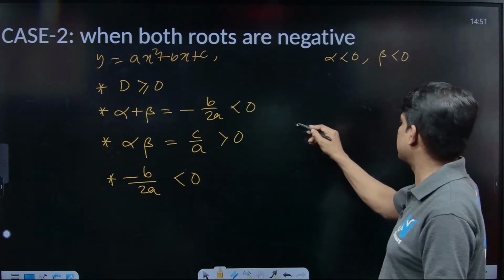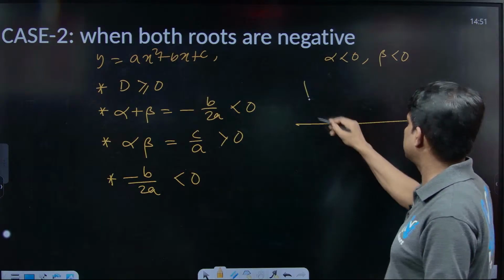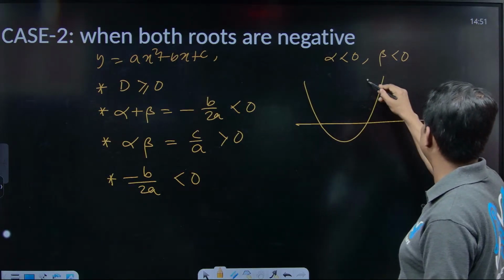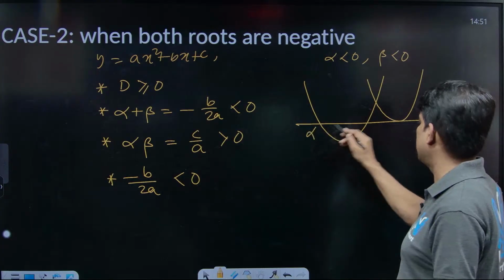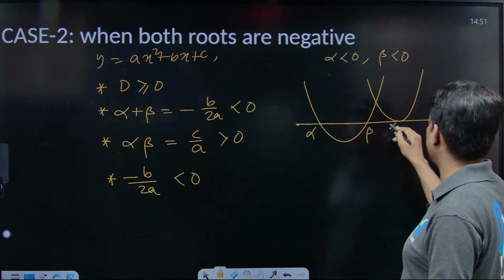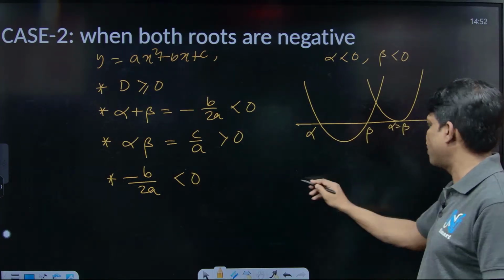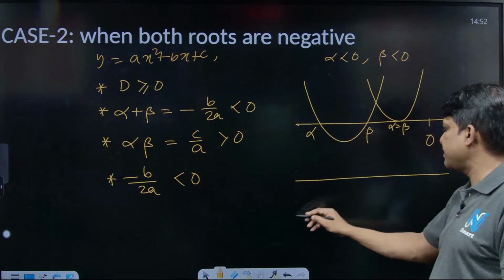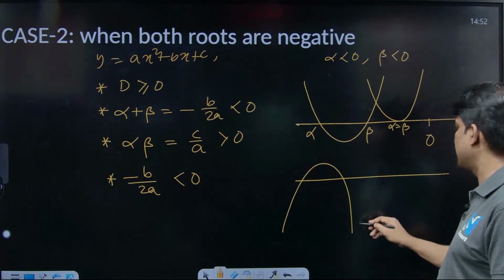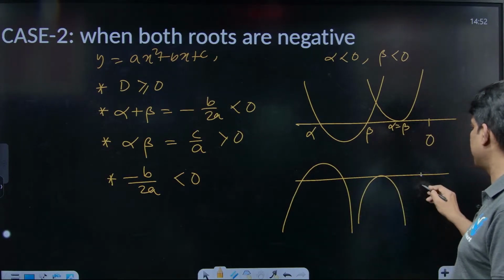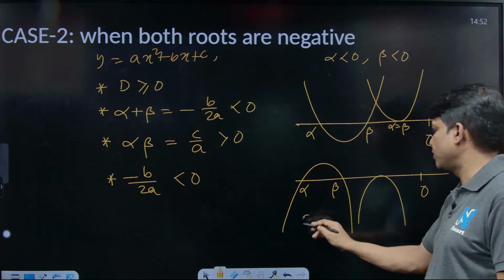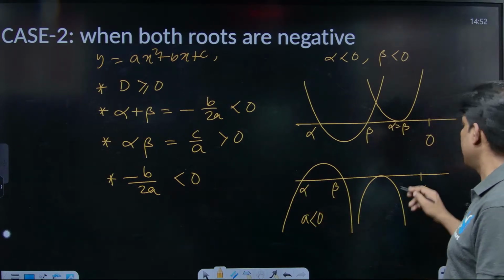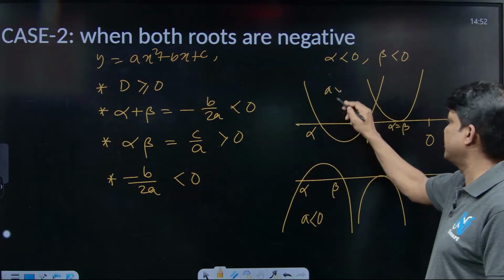This type of case, here is the origin. Both roots are on the left side of the origin, or both roots are equal. When a is negative we know it is a downward parabola, or when a is positive, an upward parabola.